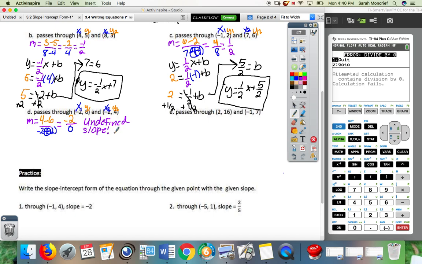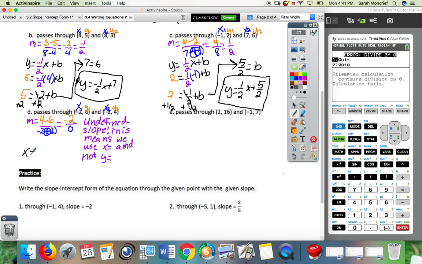And you might remember from lesson 3.3 that when it is undefined, this means we use x equals and not y equals. So in this case, we're going to use x equals, so go ahead and jot that down, x equals.